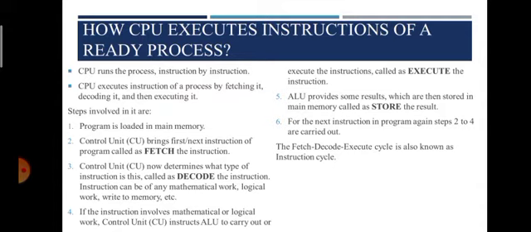Control unit brings first or next instruction of program, and this is known as fetch the instruction. In simple words, control unit will take first or next instruction from the program.